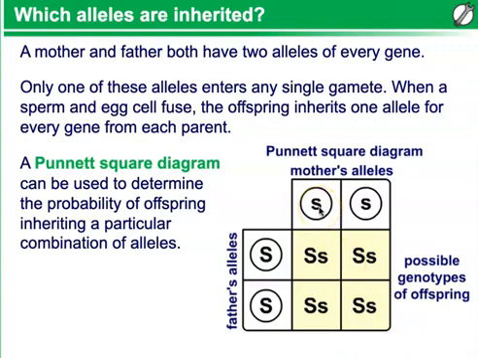The lowercase s from mom comes down to fill this box and this box, and the same thing for this contrasting allele. The uppercase S would be passed into each of these boxes, causing 100% of this cross's offspring to be uppercase S, lowercase s.